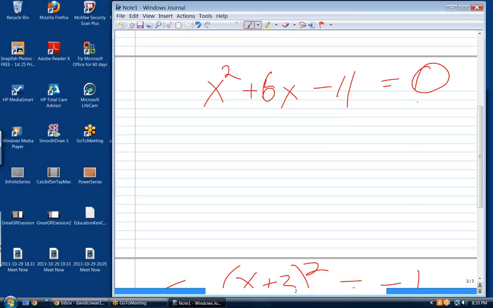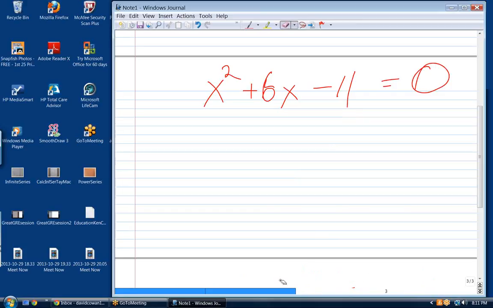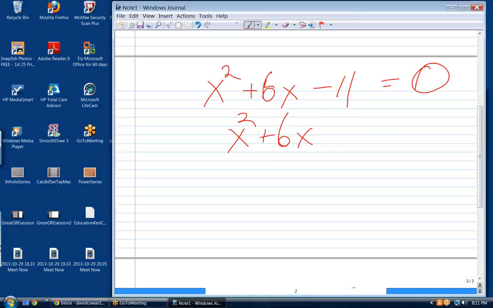Do this one for me. What's the first step? Add 11. And not only add 11, but make room for completing the square. Notice I didn't put my equal sign right next to this, because I know I have to add something here.